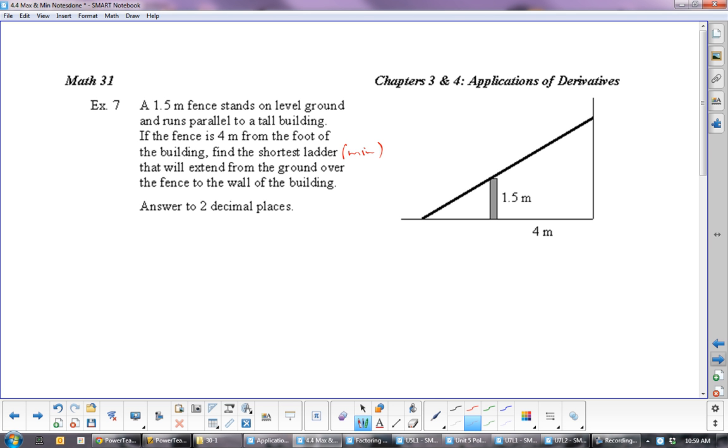That will extend from the ground over the fence to the wall. So we have scenarios that are like this, like that, right? It's got to touch the ground, it's got to touch the wall, but what would be the shortest ladder that would make it?